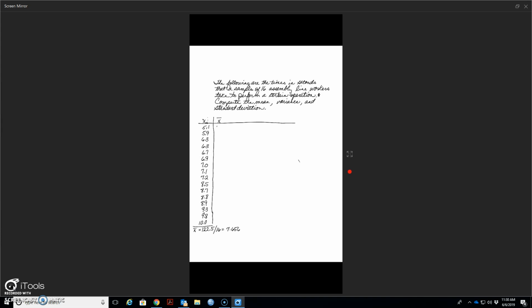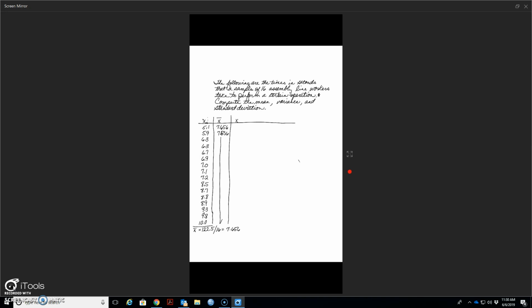And I'm going to put that in my column for the mean. And so I could write that every time, but I'm just going to do this to indicate that's what that column is.